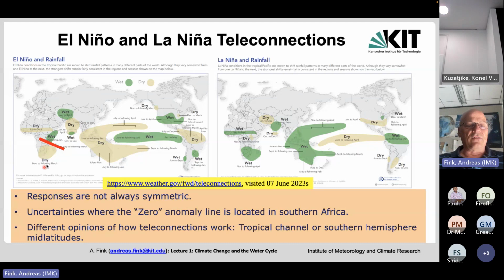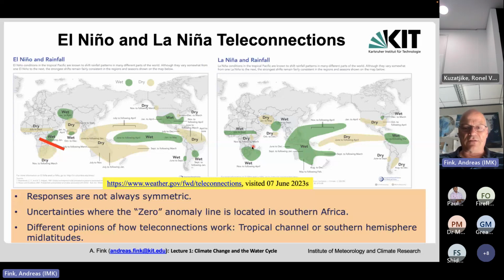It differs a lot between different El Ninos where this line is located, where the signal goes from wet to dry. And I told you there are also different flavors of El Nino. This is a La Nina condition here, which we had the last 3 years.